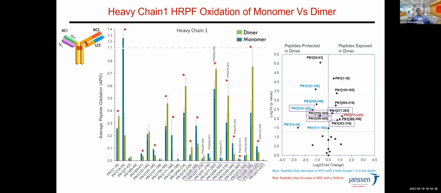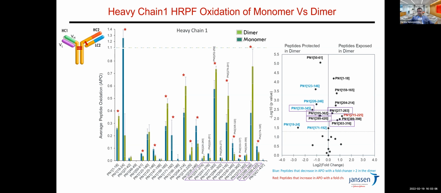Here I'm showing the HRPF-MS results processed and reported by Foxware. On the right, we have a volcano plot of tryptic peptides covering the heavy chain 1 of this bispecific antibody. The y-axis shows the negative log of the p-value, which gives us the confidence, and the x-axis gives the log4 change for dimer to monomer ratios.